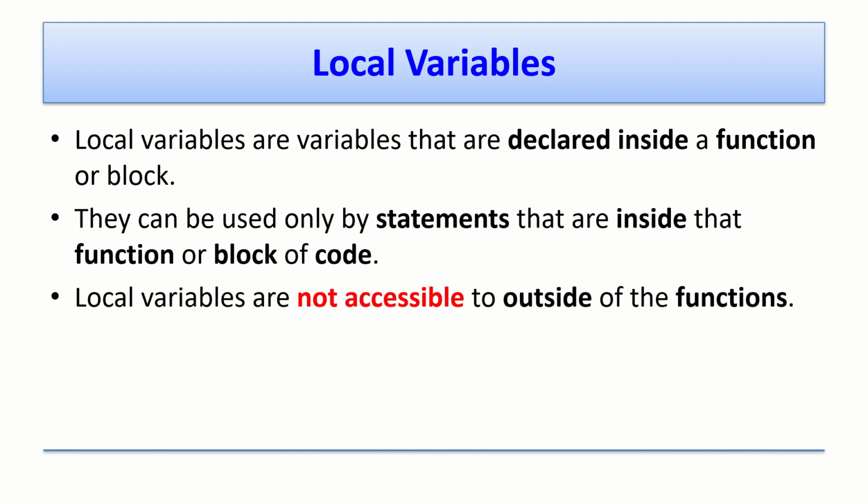Local variables are not accessible from outside of the function. If you declare a variable inside the function, that variable is not accessible outside of that function. So let's take an example.